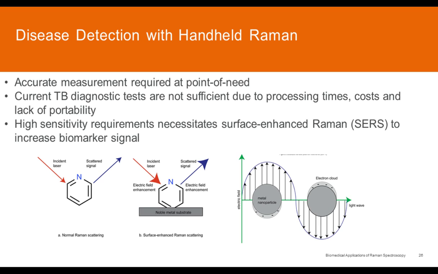Disease detection measurements really need to have high sensitivity, because the biomarkers that we're usually interested in to detect the disease are found in very low concentrations and usually in very complex matrices like blood or tissue. And so it's for this reason that we have to go to surface enhanced Raman spectroscopy to do these measurements.